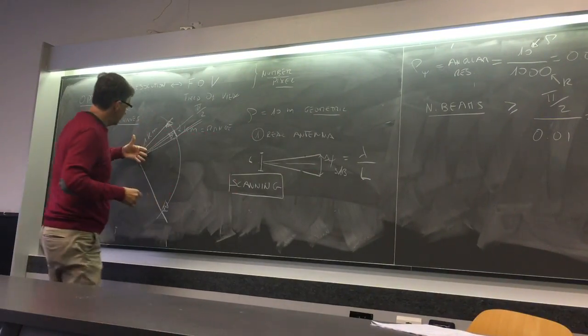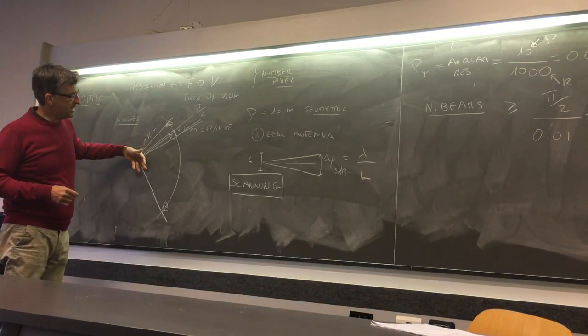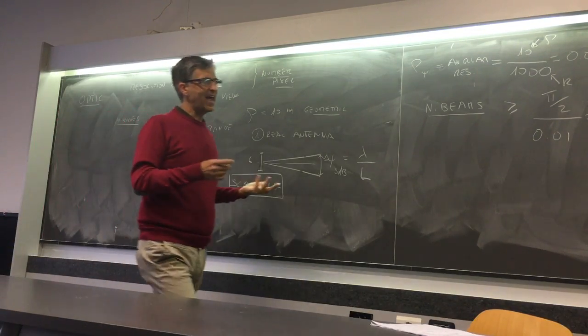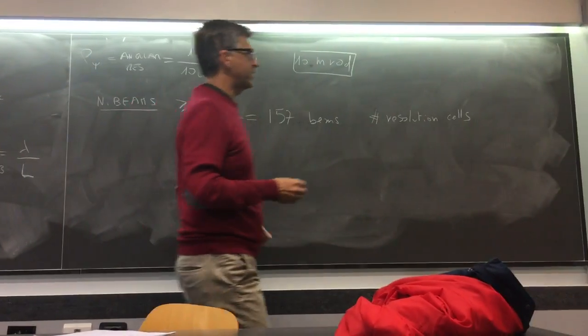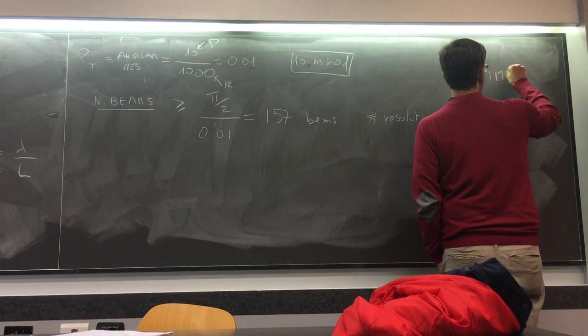I take more time, 10 times what I take now to scan the entire field of view. So in the end, it's an order of time. If you want better resolution, you want more time.